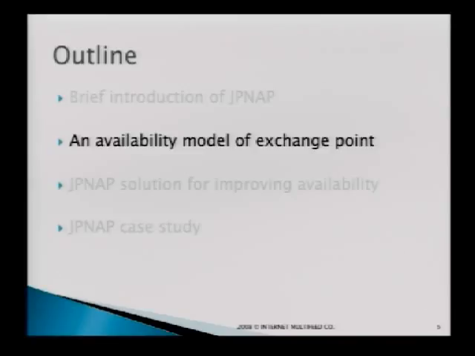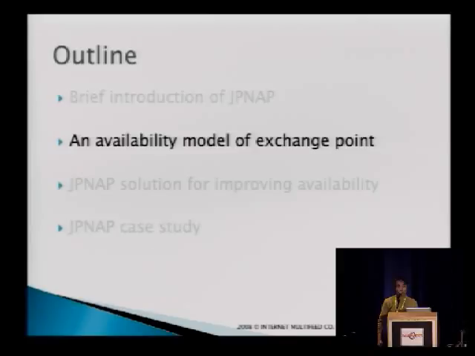So why availability? Because these days, as you know, the internet becomes infrastructure of our society. So these days, the people and the application service providers or content providers require a very high level of availability, stability, or reliability.